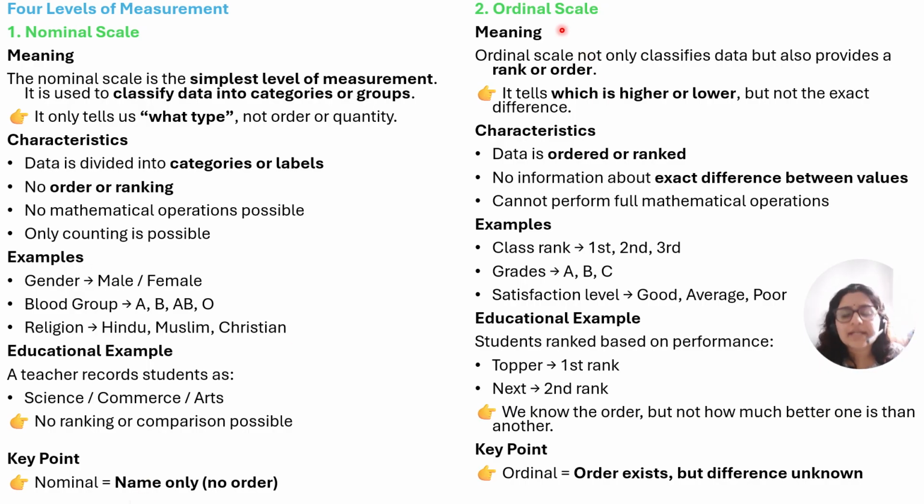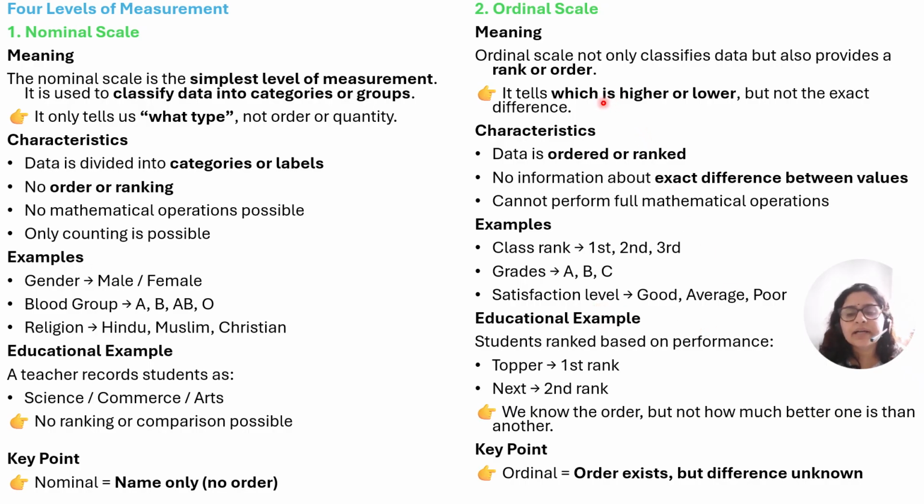The next one is ordinal scale. Ordinal scale not only classifies data, but it also provides the rank or the order. For example, in a class, students are ranked as first rank, second rank, third rank. Grades are given A, B, C. Satisfaction level is good, average, poor.